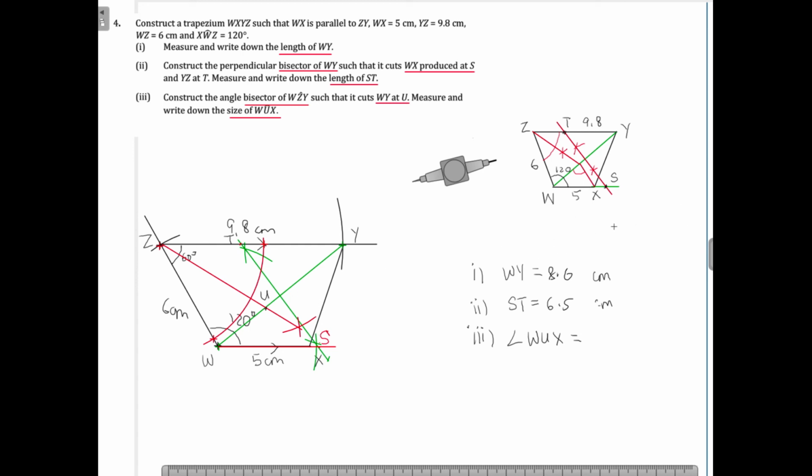And we have to measure the angle of WUX, which is this angle here. So WUX is the angle here.